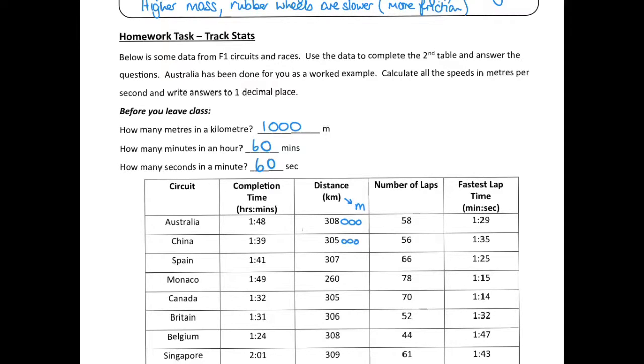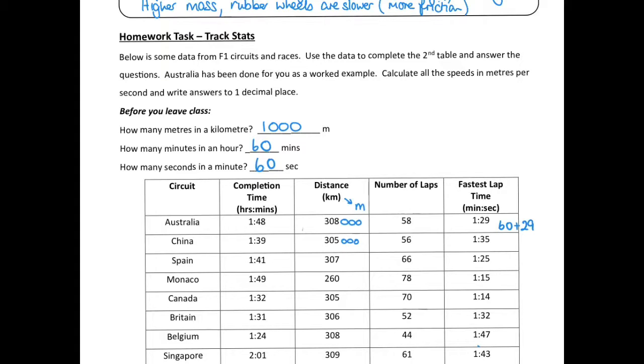Okay, now let's look at the easier one of the two in terms of time, which is the fastest lap. So minutes and seconds into seconds overall is relatively simple because we know that there are 60 seconds in 1 minute. So our 1 minute is worth 60 seconds. Each one of these is simply 60 plus, quite often, the seconds after it. So that would be 60 plus 29, 89 seconds.